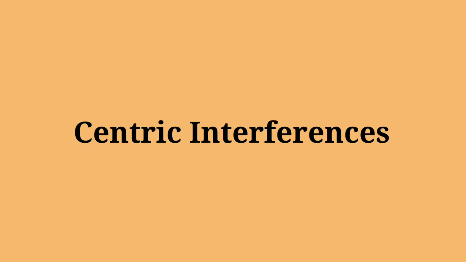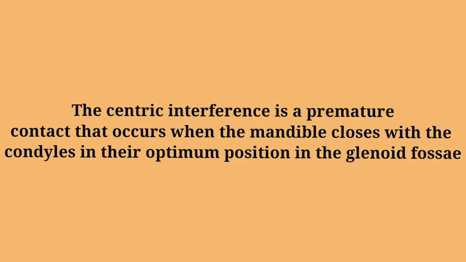A centric interference is a premature contact that occurs when the mandible closes with the condyles in their optimal position in the glenoid fossa. It will cause deflection of the mandible in a posterior, anterior, or lateral direction.